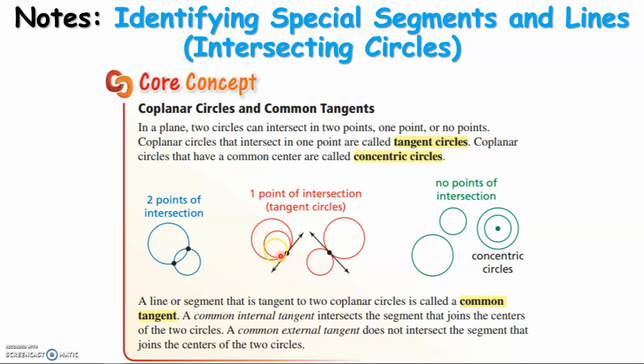So right here on the left, we have a common external tangent, whereas right here on the right, we have a common internal tangent. Because if we were to draw a line through the centers of these circles, it would be going through this tangent.